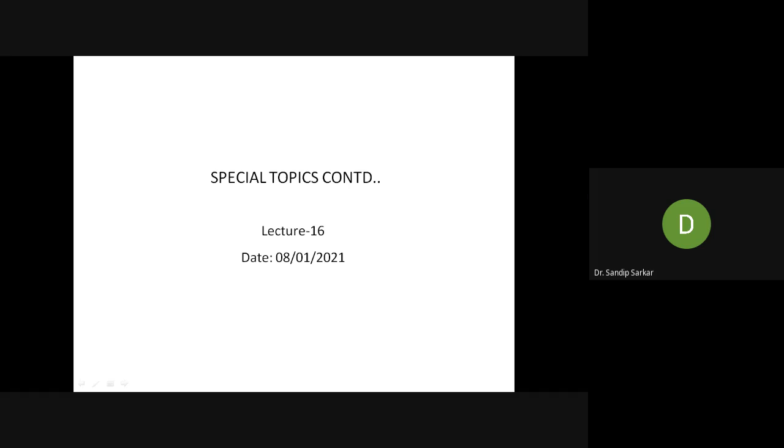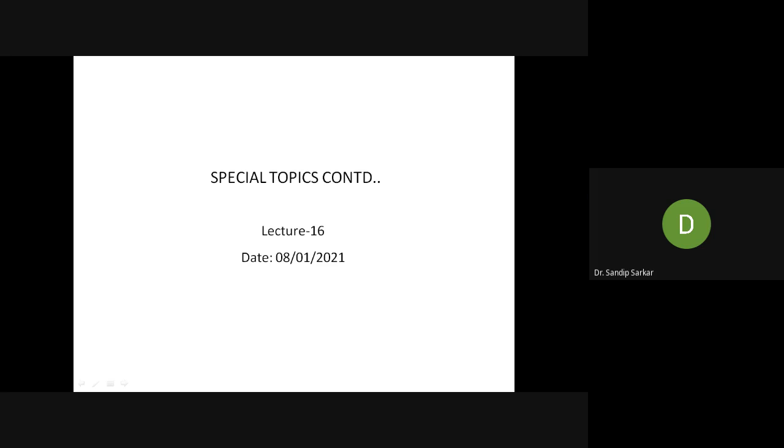One is the predictor step. In the predictor step, we basically predict the velocity, that is u star and v star for the two-dimensional case. With the predicted velocity, we obtain the pressure correction equation, that is, we solve the Poisson equation for the pressure correction.